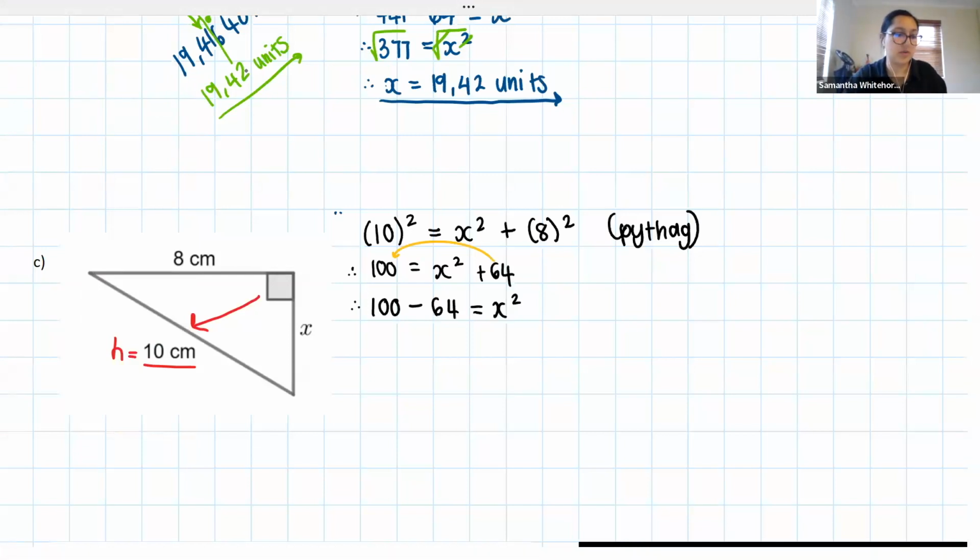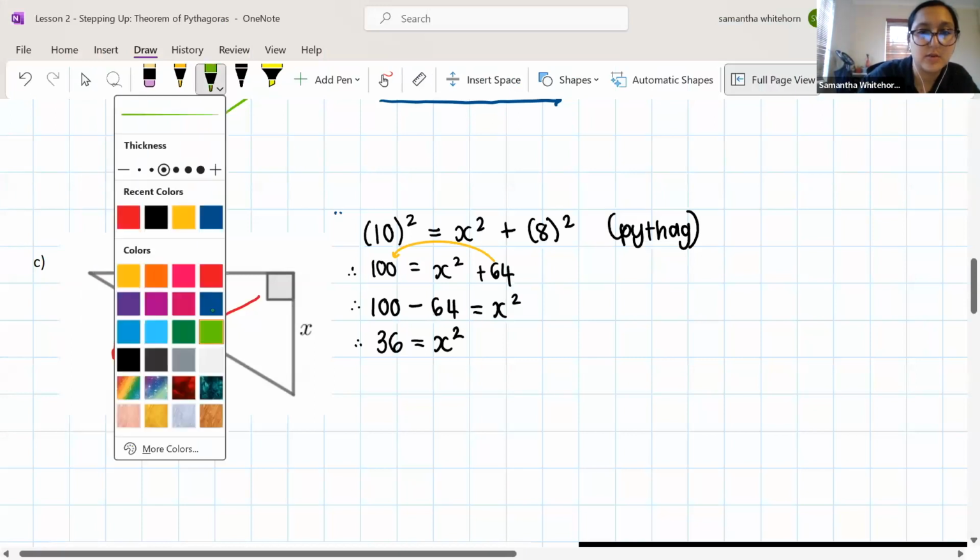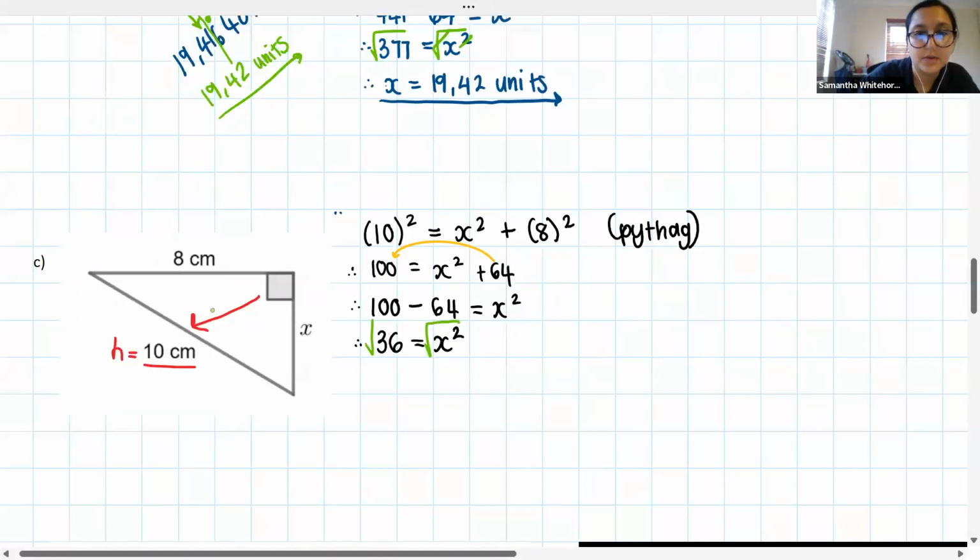Okay, so again, because we are given the hypotenuse, we have to subtract. So 100 minus 64 is 36, is equal to x squared. Now remember, I don't want x squared, I want x. So I have to square root both sides so that I can get rid of that x squared.